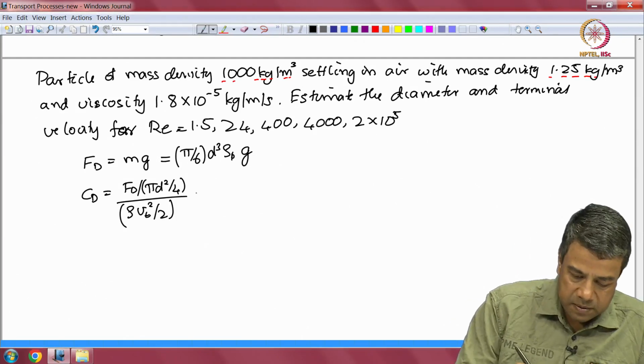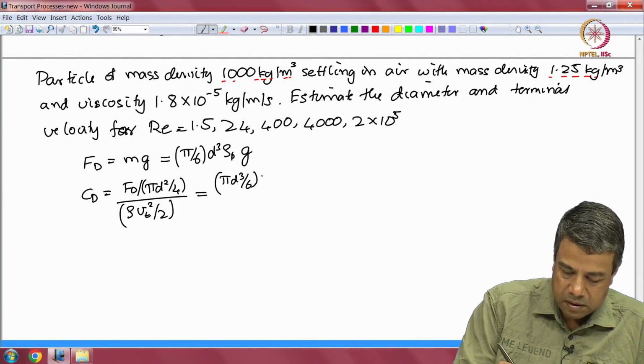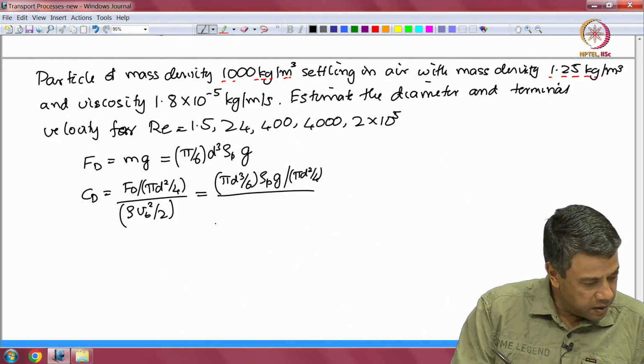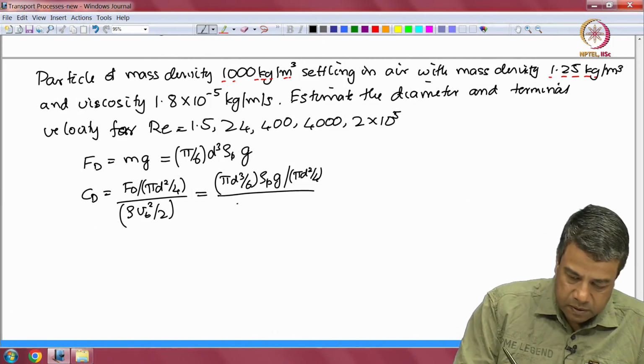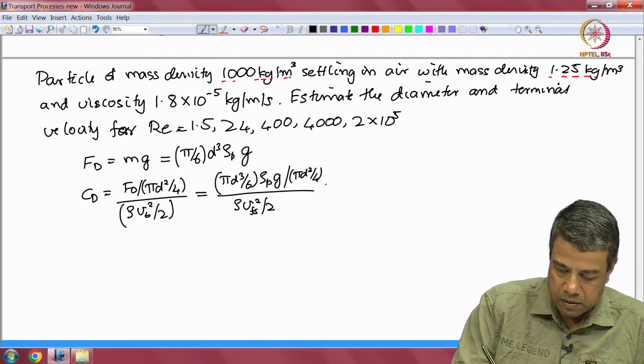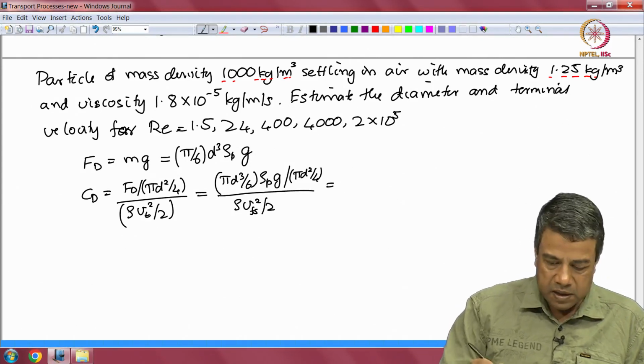And I have to substitute the drag force here. So, this will be pi d cubed by 6 rho p g divided by pi d square by 4, divided by rho v free stream square by 2. And you can do this calculation.